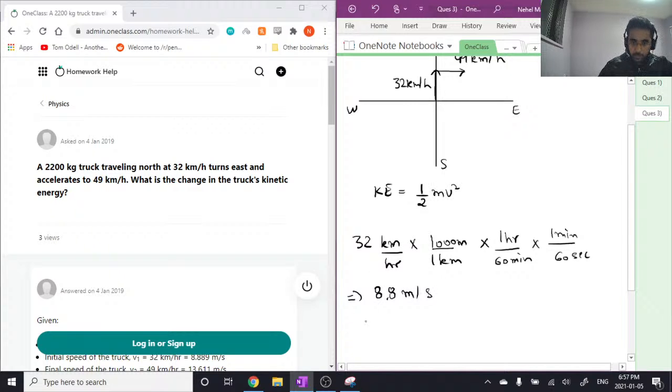And the other quantity, which was 49 kilometers per hour, times 10 over 36 is equal to 13.6 meters per second.